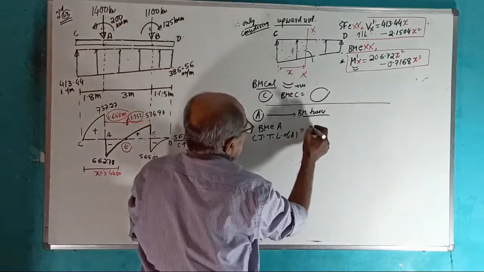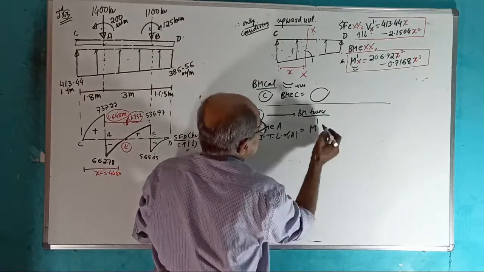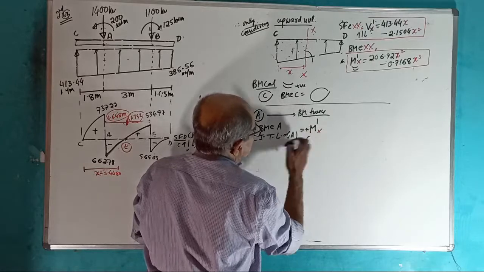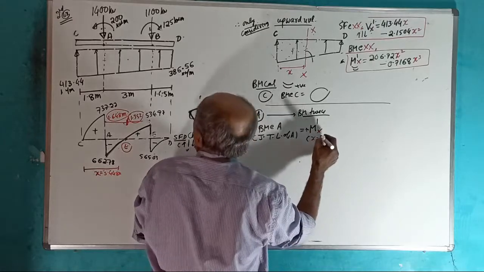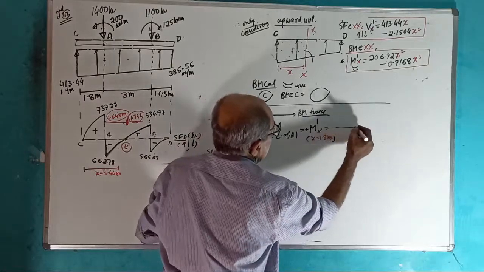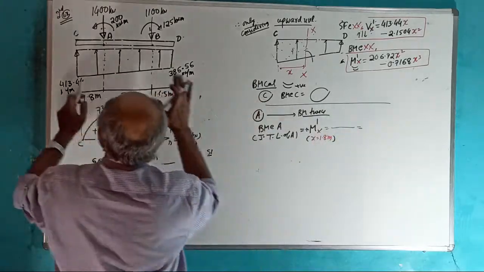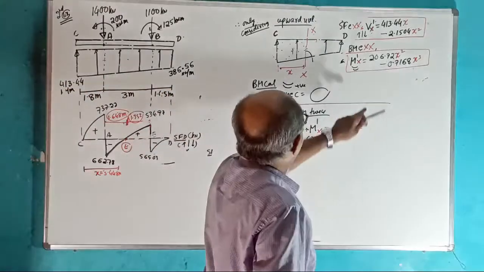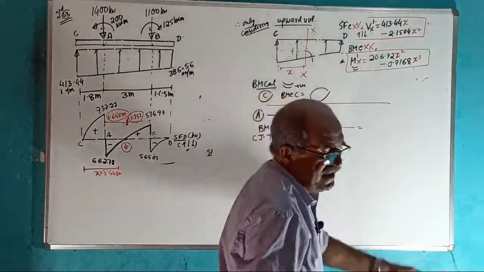It is nothing but your m dash x for x equal to 1.8 meter. What is the answer? Quickly. It is the bending moment due to this much UVL, nothing else. Substitute x equal to 1.8 meter there.